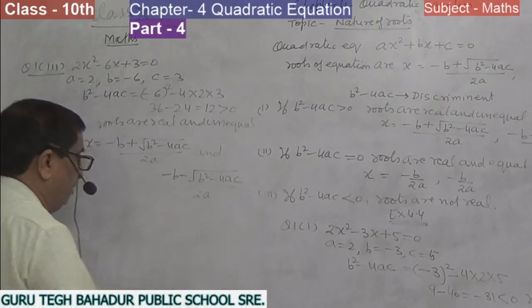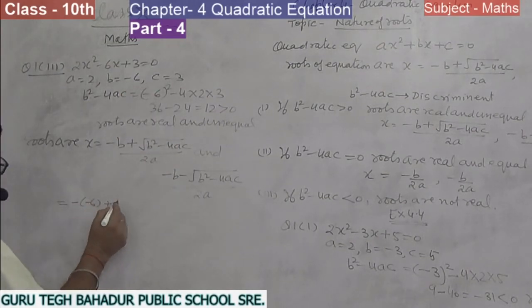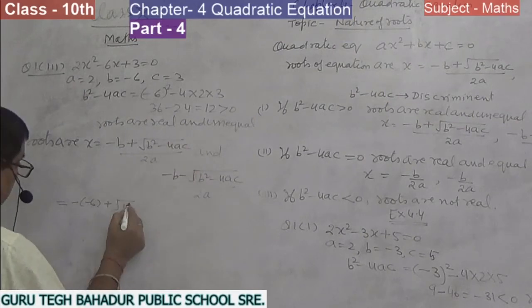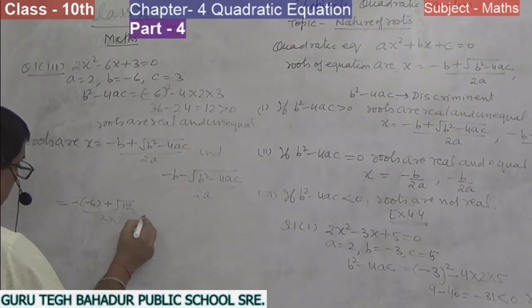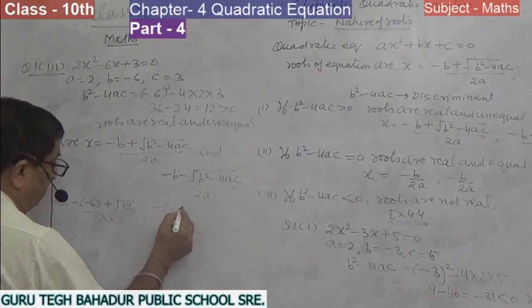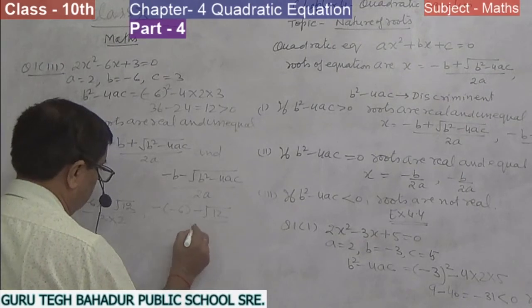Now putting the value, minus b is 6 plus root 12 upon 2 into a, a is 2, 6 minus root 12 upon 2 into 2.